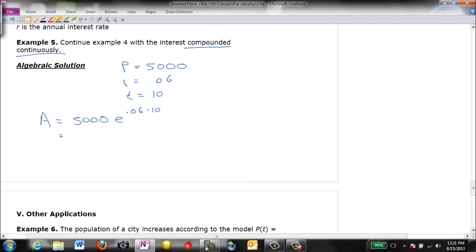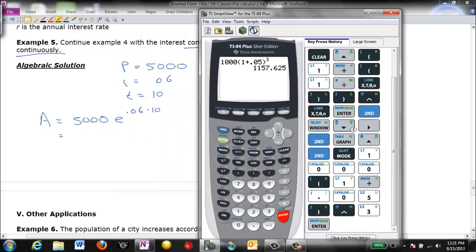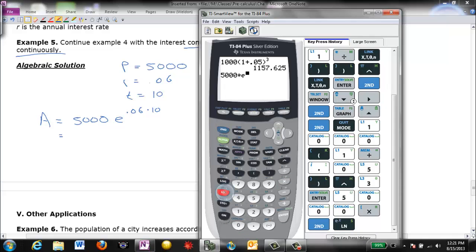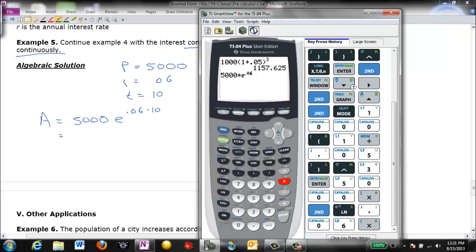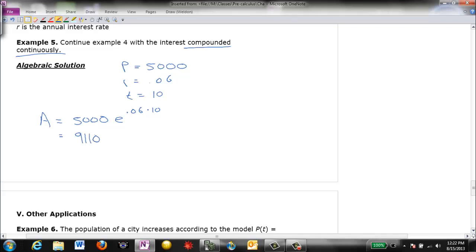I'm going to put that into my calculator real quick and find out how much money I can make if I let the compoundings go to infinity. e to the 0.06 times 10, I hit enter, and I get $9,110.59. And there you go, an example with continuously compounded interest.